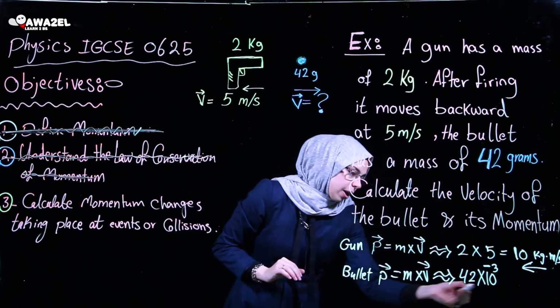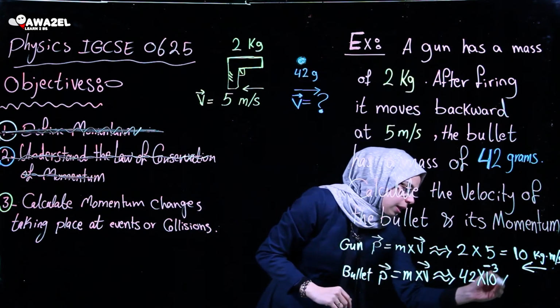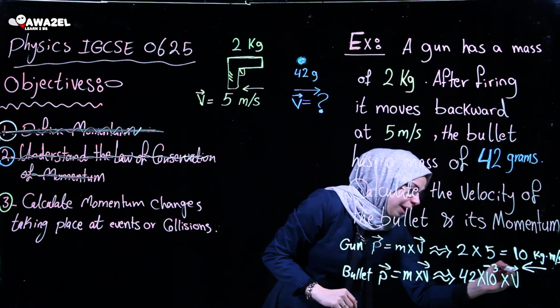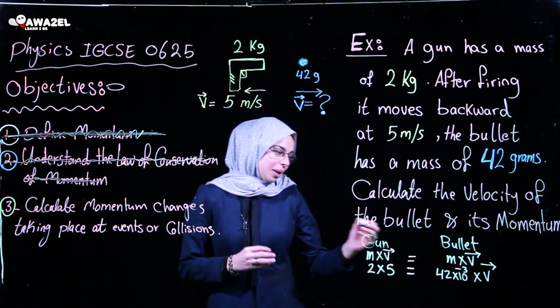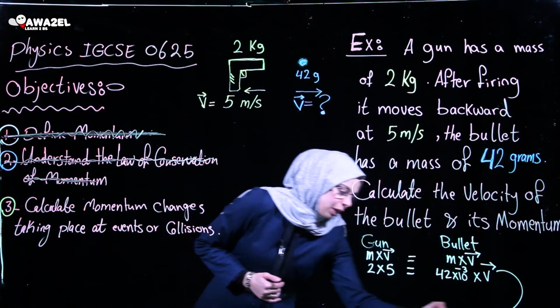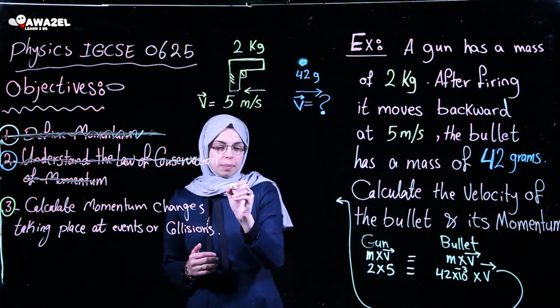So this is now the kilograms representation of the mass times the unknown value of velocity that I want to find out. So now let's proceed the calculation here in order to find out the value of V.